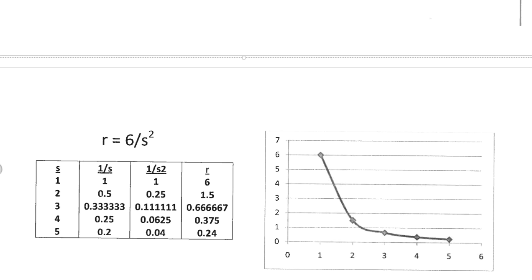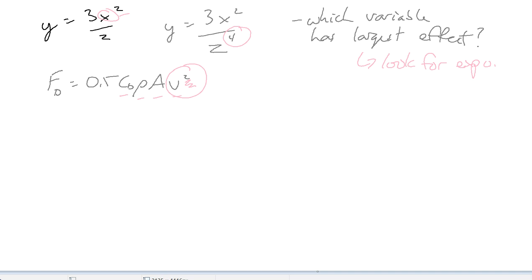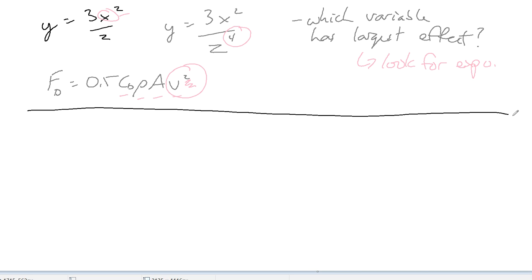Okay, so let me get rid of this. All right, so let me show you how this type of thing works a little bit. Let's just start with an expression and lay things out. Okay, so we'll put a little divider right there.